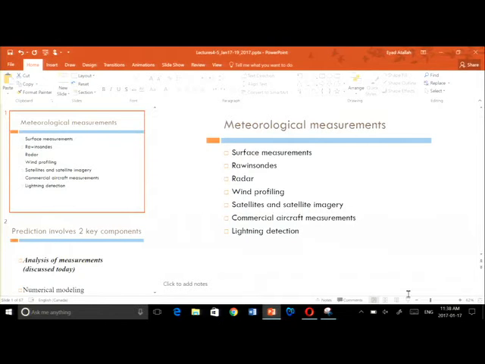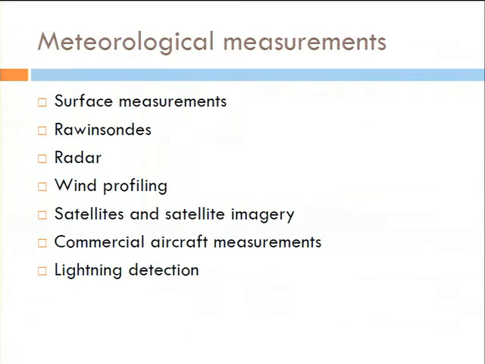And when we talk about the mechanisms or the tools that we use, these are just some of them. So surface measurements are probably things that just about everybody's familiar with. When you get your report of what the temperature is doing at Montreal, that is a surface measurement.